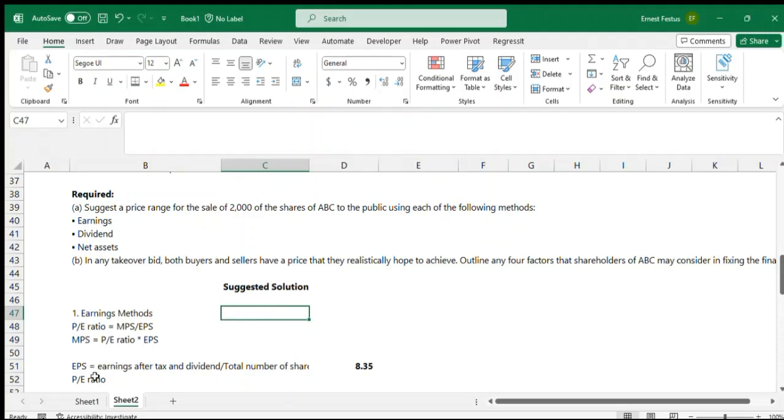We know that the PE ratio is equal to the MPS, market price per share, divided by our earnings per share. So we are going to find the market price per share for the listed company and divide it by its earnings per share.